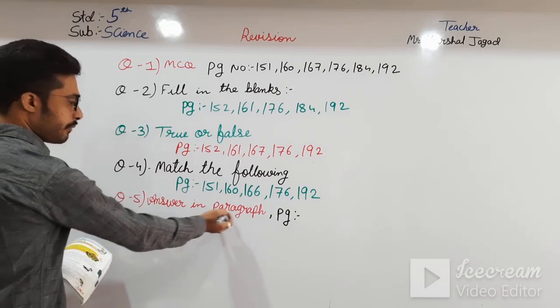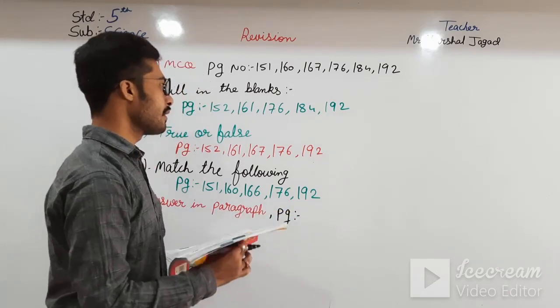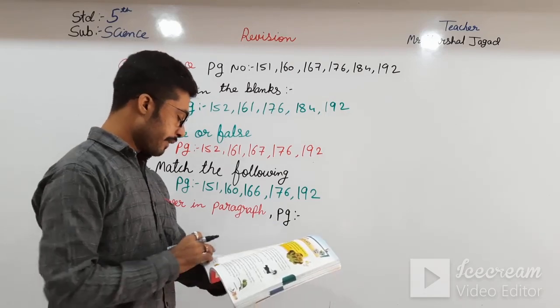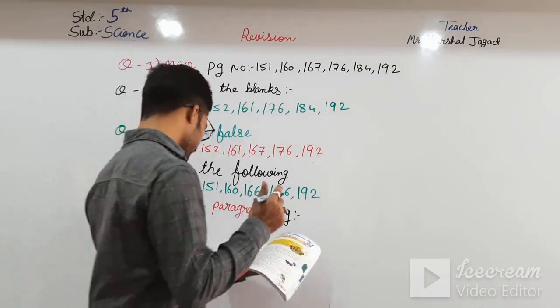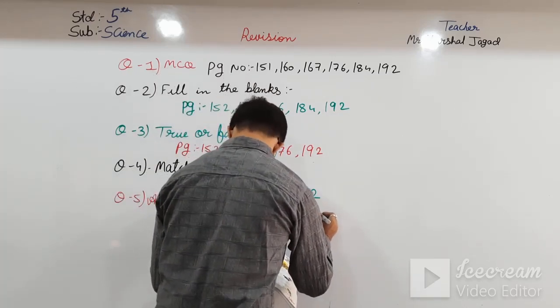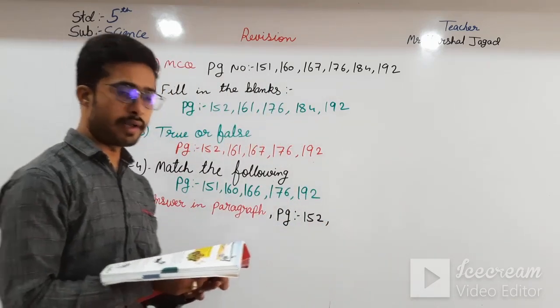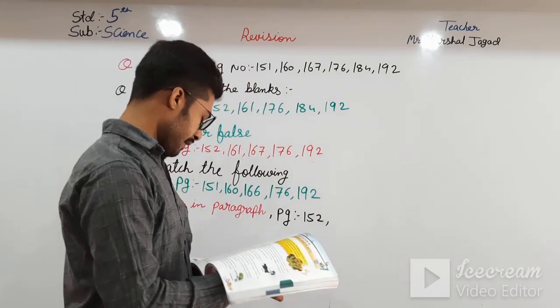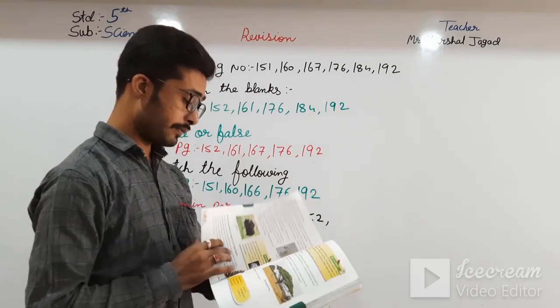First of all, going towards chapter number 1, that is page 152, you can see question number 6, that is answer in paragraph. Okay, so over here 1, then moving towards chapter number 2.